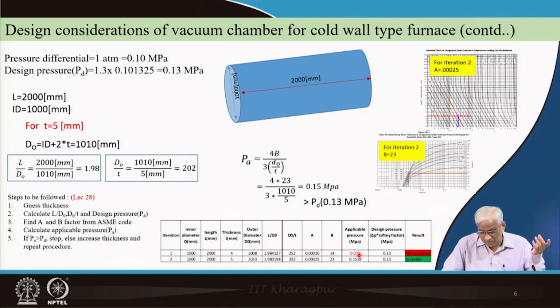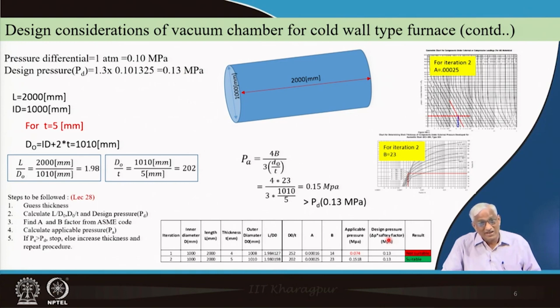PA is coming about 0.074, whereas design pressure is 0.13. So, it is not suitable. Then increase it to 5 mm, then immediately things have changed for the same L and D, and you get 0.15 which is more than 0.13.